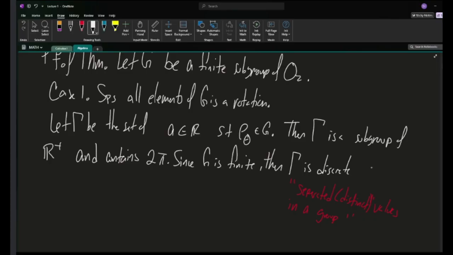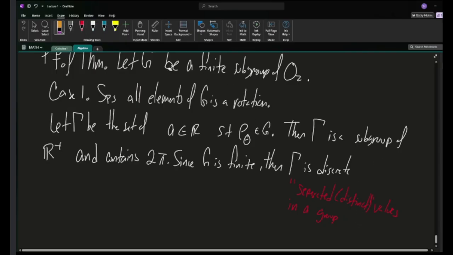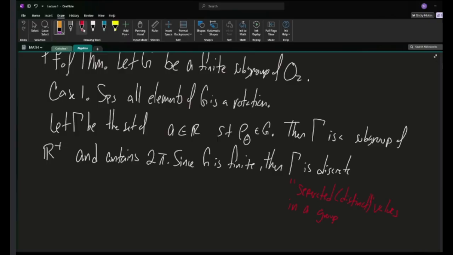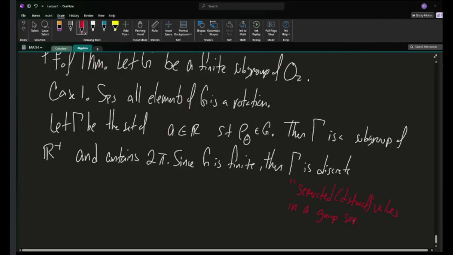Discrete subgroups are specifically separated by theta, or separated by epsilon.